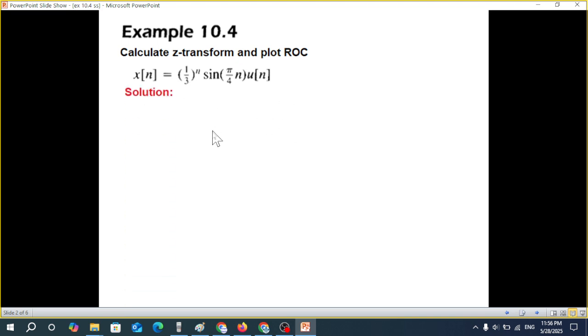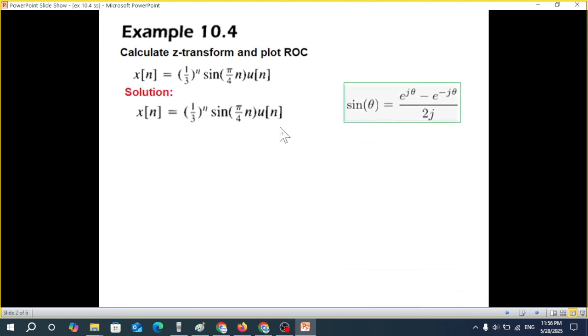So let me just copy the signal. This is the signal, and then what we need to do is convert this sine into exponential form, using this formula: sine theta is e raised to the power j theta minus e raised to the power minus j theta, divided by 2j. Why are we doing this?